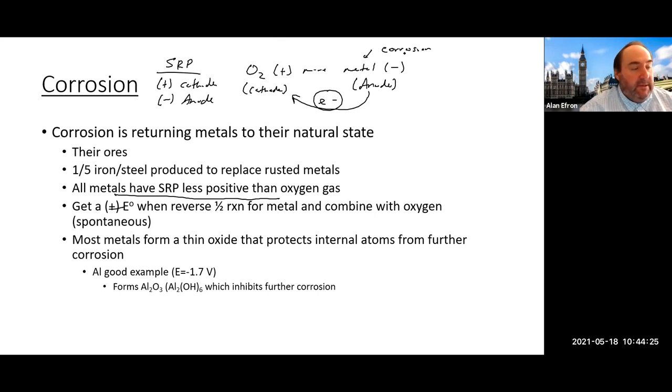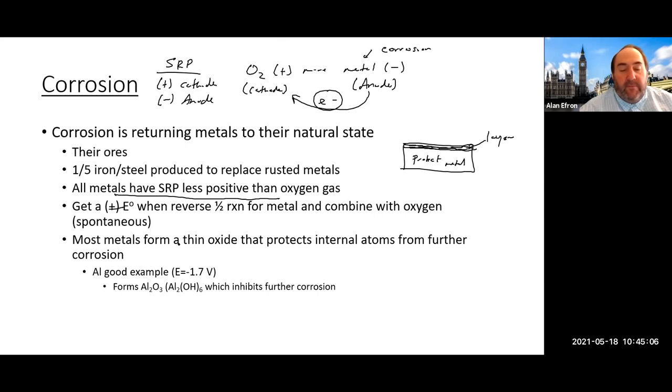So is the corrosion that sometimes occurs spontaneously with metals always a bad thing? The answer is not necessarily. Sometimes when metals go through corrosion, they end up creating a layer of protection. If this layer on top hangs on there, it will protect the metal below from going through further oxidation or corrosion.